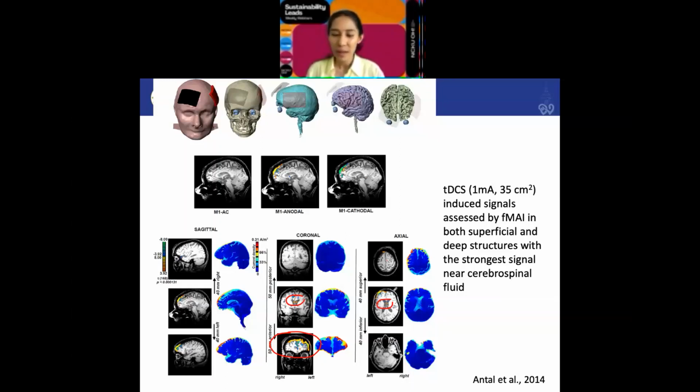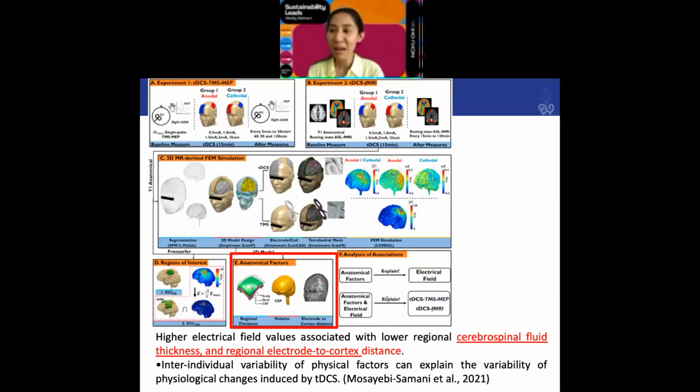So as you can see here, under the electrode you find the high density, and also the area next or close to the CSF, cerebrospinal fluid.